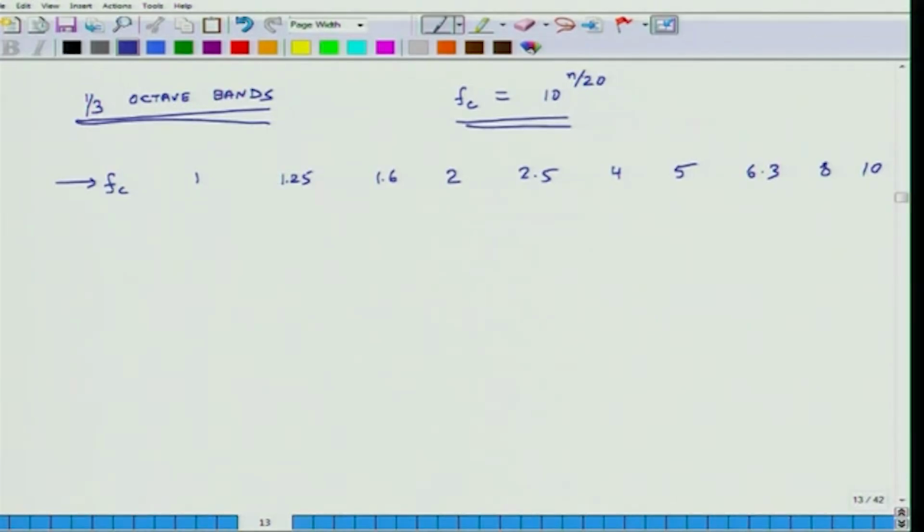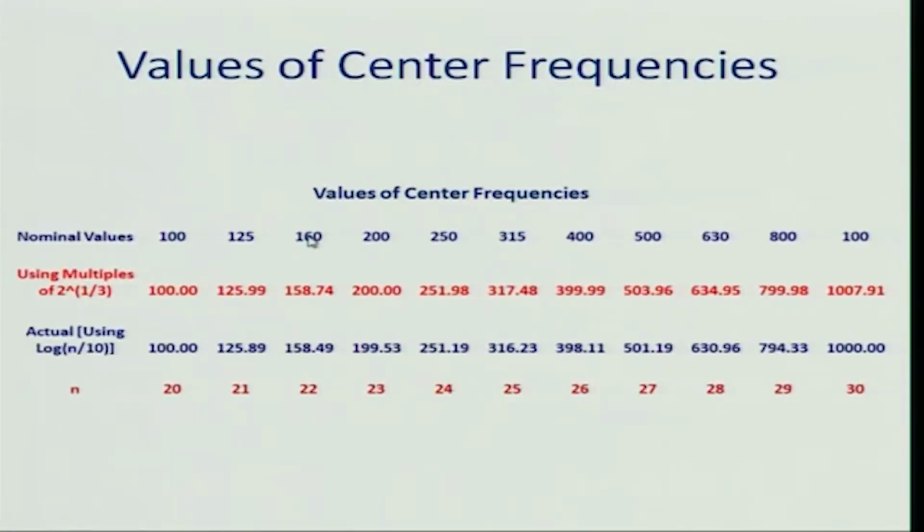Now you would think, so actually let me show you a graph. So what I am showing here are different values of center frequencies, okay. So let's look at this blue line. This is log, okay, so I am sorry, it should be log n over 10, not 20. I was wrong, that's why it was not matching up.